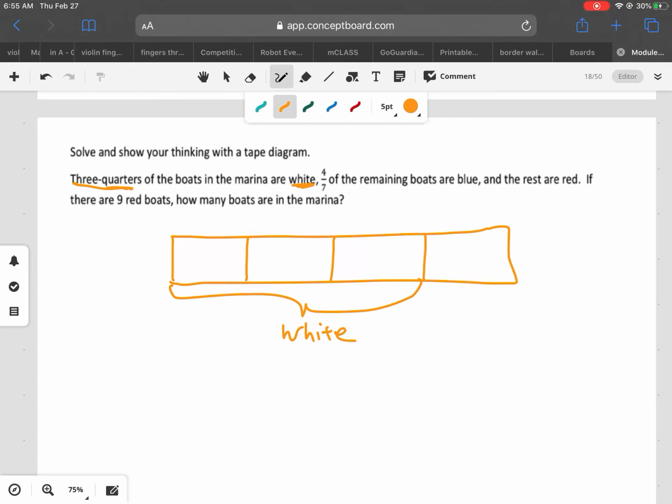Okay, of the remaining boats, 4/7 are blue. So now I'm going to do this to show the remaining boats.